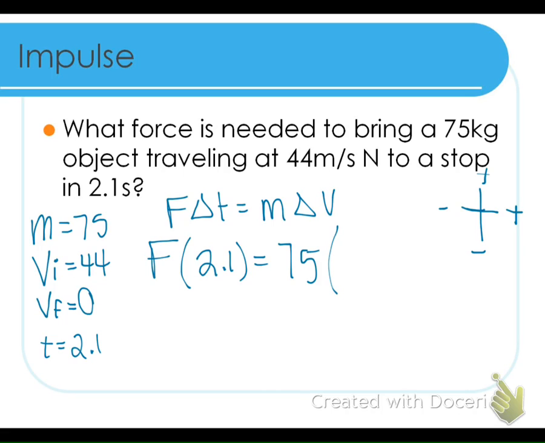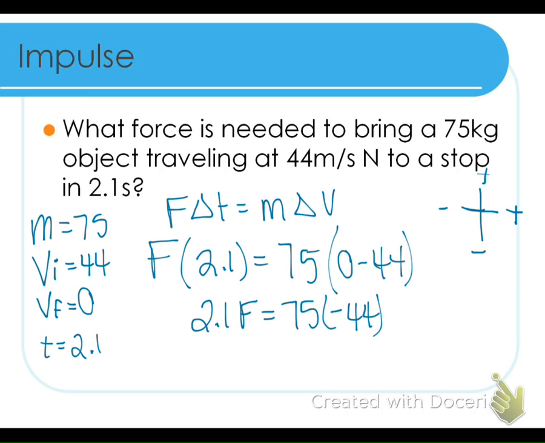So we're going to have to take what minus what? 0 minus 44. Yeah, very good. 0 minus 44. Okay, so that means it's going to be 2.1 times our force equals 75 times negative 44. Okay, which means 2.1 F equals, I think this is what, negative 3,300? Okay.